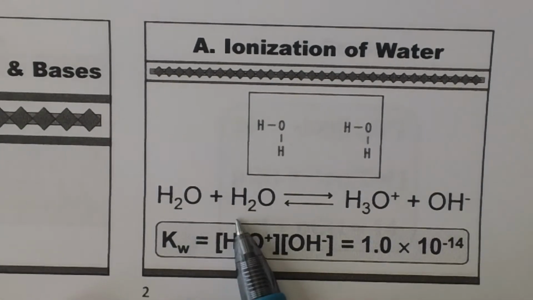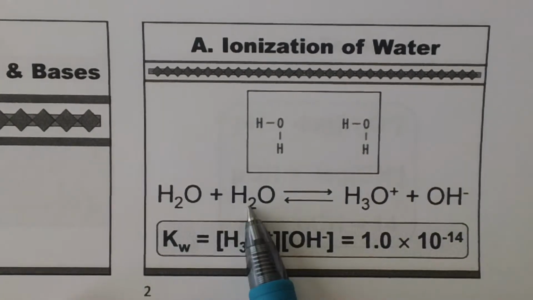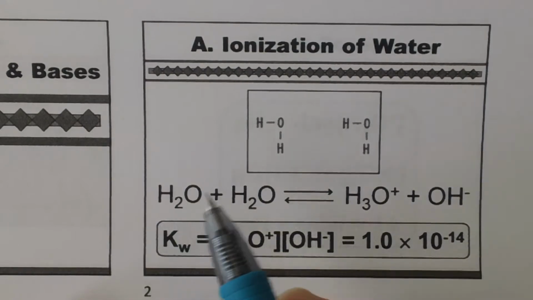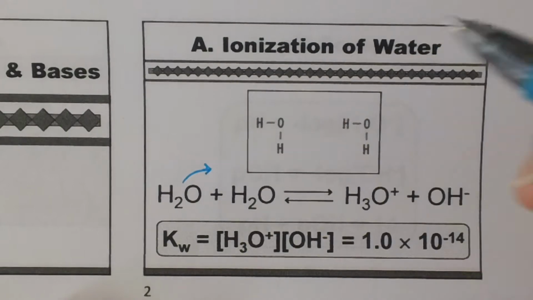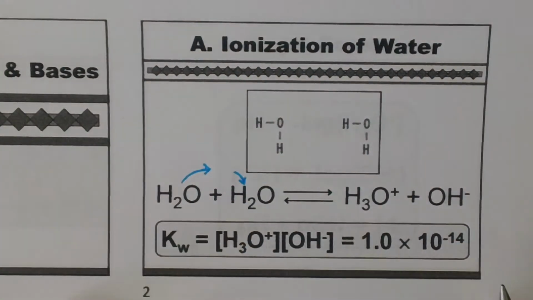Water, however, does what we call self-ionization. When you put water with other waters, about 2 out of every billion water molecules, one of them gives away a hydrogen and acts as an acid, and the other one accepts that hydrogen and acts as a base.